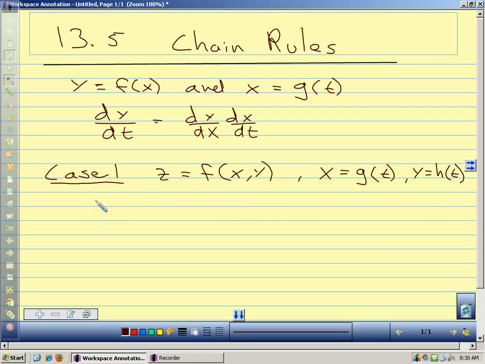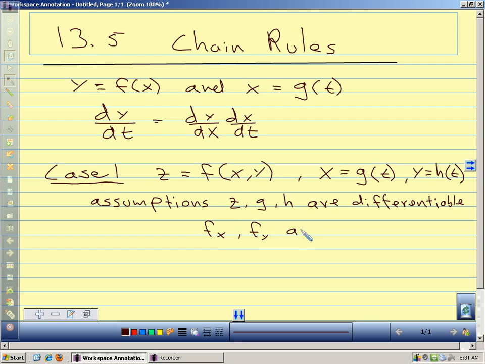Our assumptions for this case are that f, g, and h are differentiable, and again, f being differentiable implies that the partial with respect to x and the partial with respect to y are continuous.